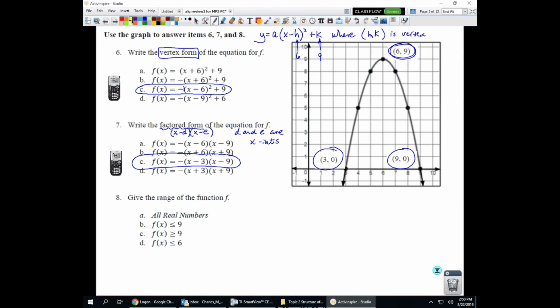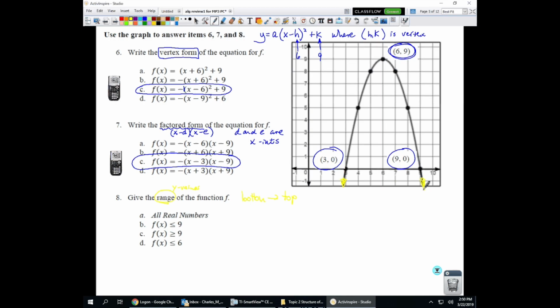For question 8, we're referring to the same graph. Range is y values. When you're reading the possible y values on a graph, it's represented by whatever the bottom of the graph is to the top. So this graph, if I tried to start from the bottom, these arrows here indicate that it continues down endlessly, infinitely, forever.